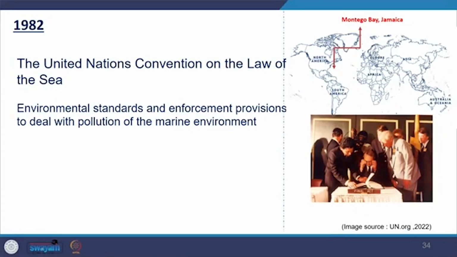In 1982, we see that the United Nations Convention on the Law of the Sea is adopted. The convention is adopted here, and in this convention it sets rules for environmental standards. So now we see the standards coming in and the enforcement provisions to deal with the pollution of the marine environment.